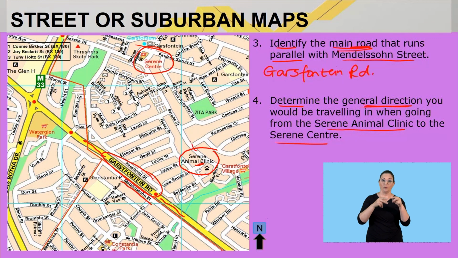Meaning from here, you're going to travel on Serene Street all the way to Serene Center. So I'll be traveling upwards and I will be traveling to my left, making that a northwesterly direction. Guys, are we clear? So traveling from the Serene Animal Clinic to the Serene Center, you will be traveling in a northwesterly direction.